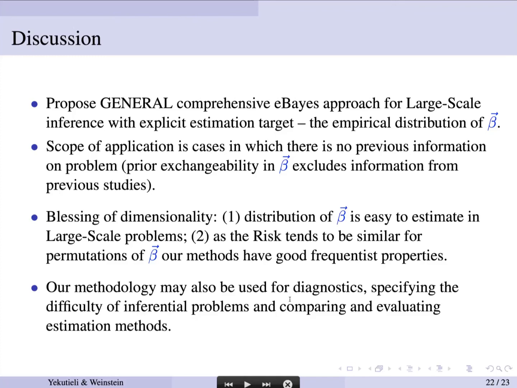Let's look at the Bayes risk. The average risk says how difficult something is. We can compute risks and average risks for this Bayesian problem. We could say how difficult it is, and we can also compare and evaluate estimation methods.